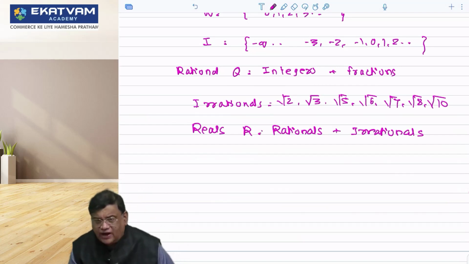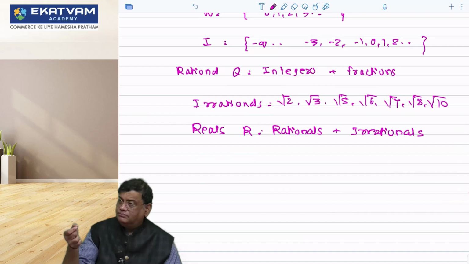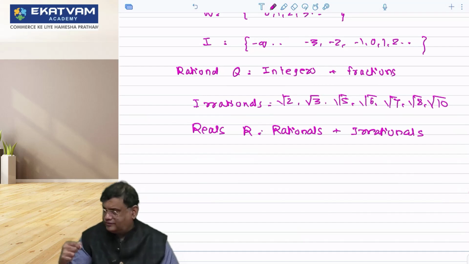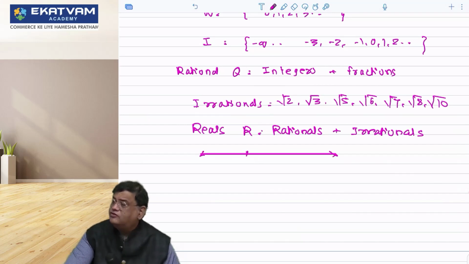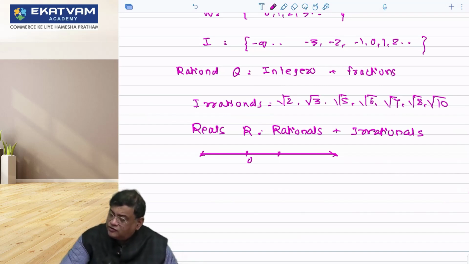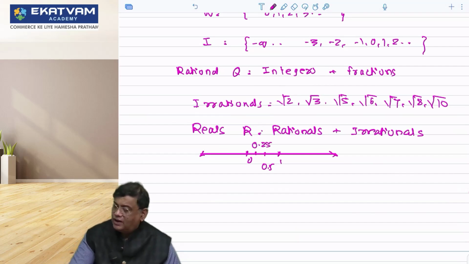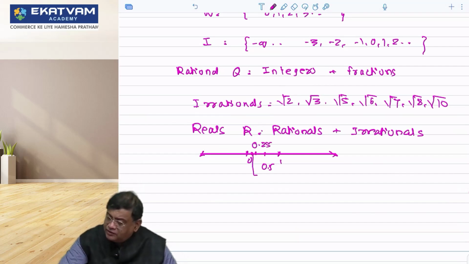But then try to understand, real numbers do exist. Means what? If you draw the number line, then every point will represent some number. For example, if this represents 0 and this represents 1, then this number may represent 0.5, this number may represent 0.25, and this number may represent 0.125.